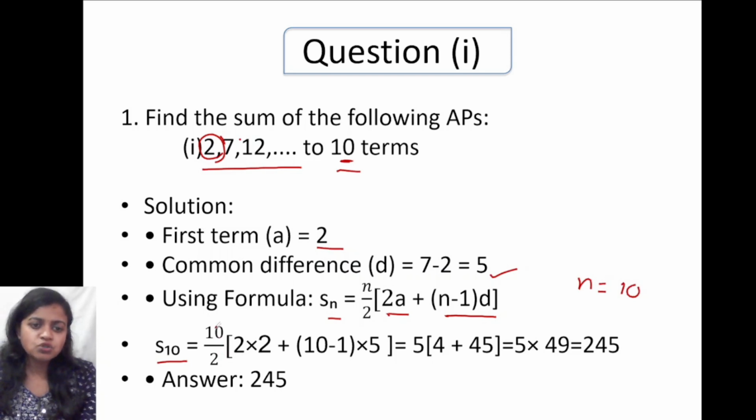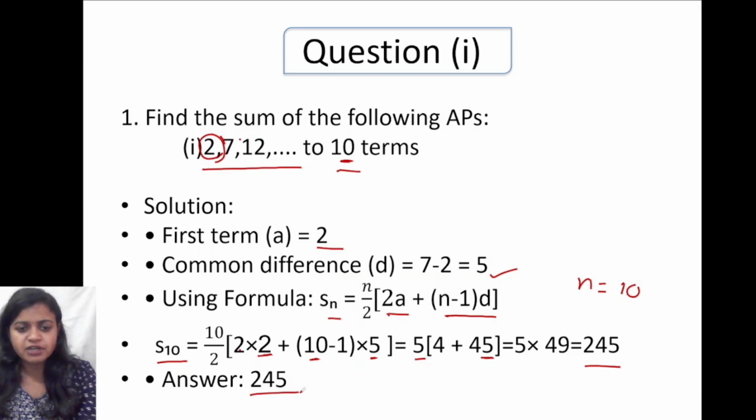So 10 by 2, 2a where a is 2, plus 10 minus 1 into common difference 5. 10 by 2 is 5. 2 2s are 4 and 9 5s are 45. So 5 into 49 gives 245. This is the value of S10.